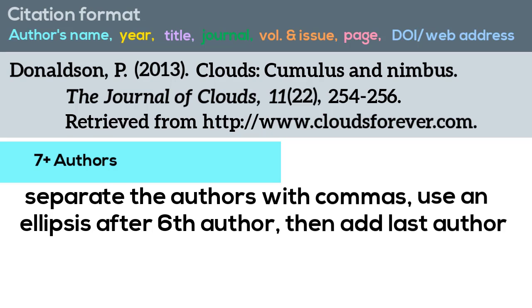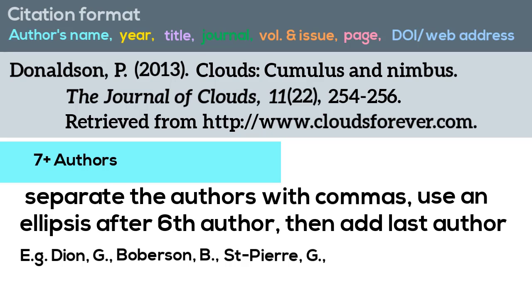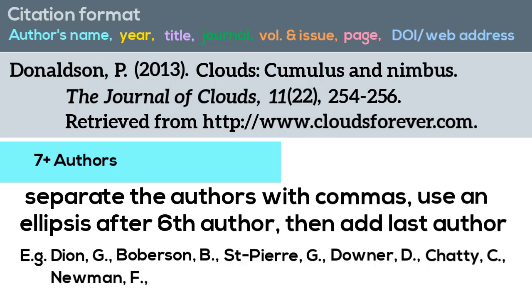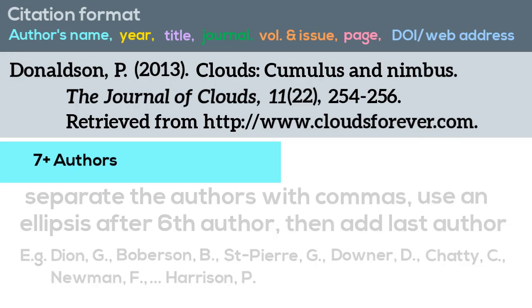Then add the last author. For example, Dion, G, period, comma, Boberson, B, period, comma, St. Pierre, G, period, comma, Downer, D, period, comma, Chatty, C, period, comma, Newman, F, period, comma, ellipsis, Harrison, P, period.